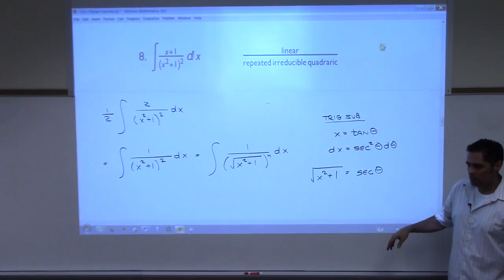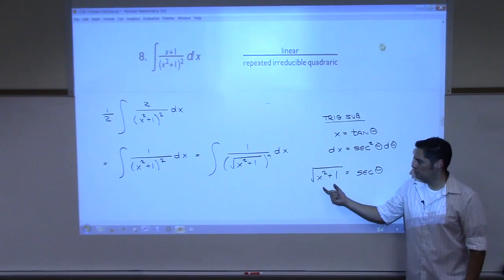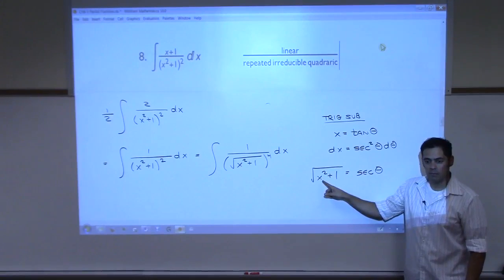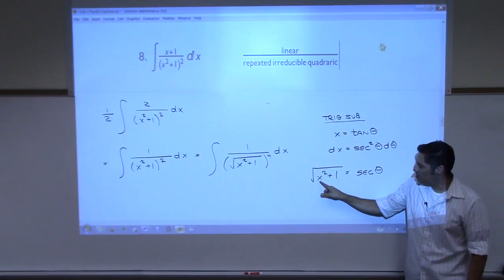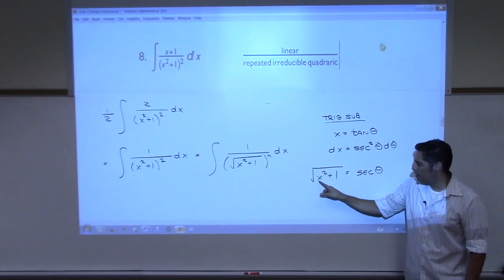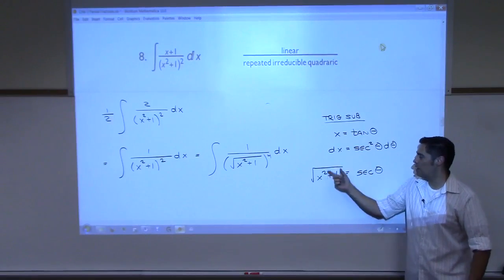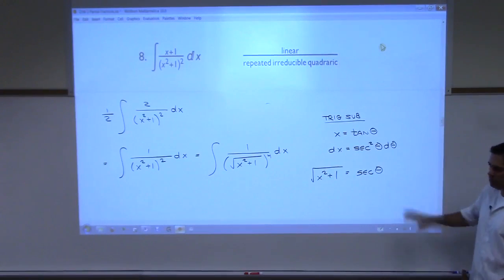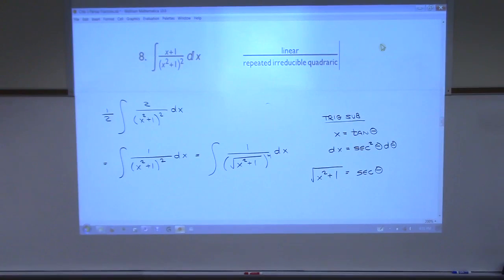And is that okay to do that? Replace that with tangent theta, tangent squared theta plus 1 is secant squared theta, square root of secant squared theta is secant theta. So you would get that. All right, I get to rewrite this in terms of theta.